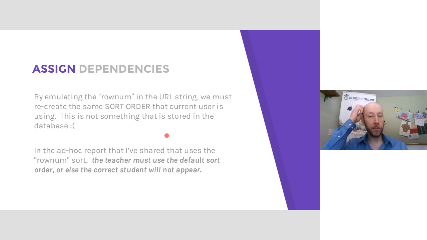As I explained a little bit about, if you use the Rownum, you have to create the same sort order that the current user is using. So this can be a trick, and I have some logic for that query on the ad hoc reports page as well. But I've, for the most part, stayed away from that because it basically requires that the teacher can't sort if you're going to use that kind of logic for the report.